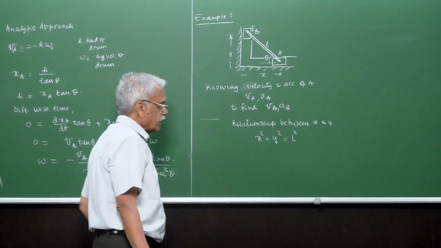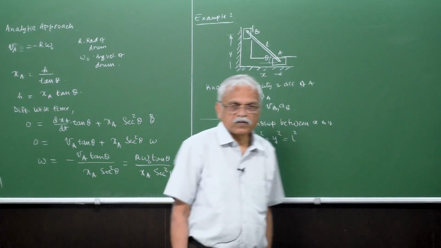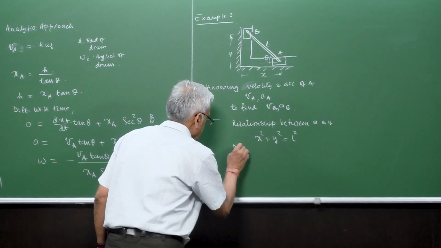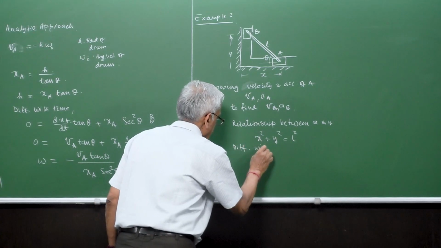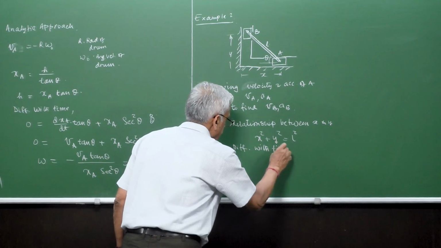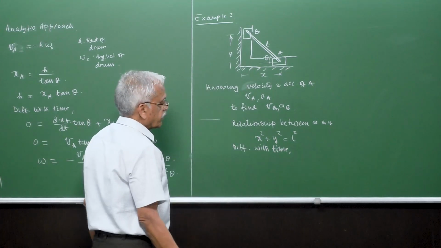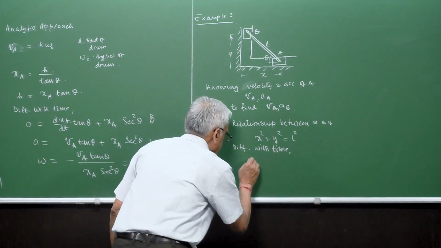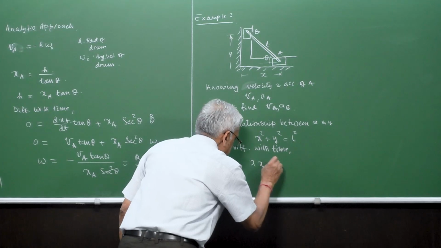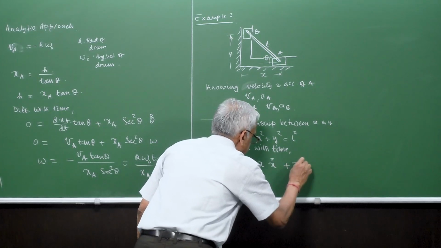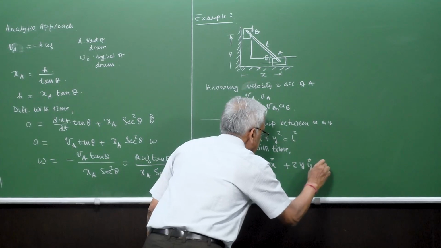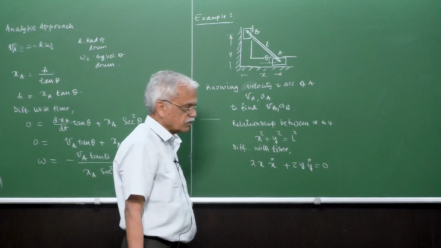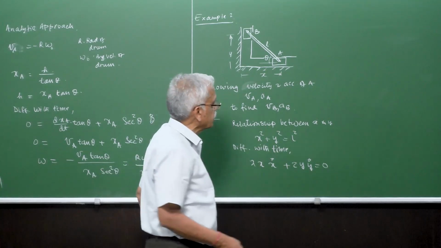And then we would like to differentiate this with respect to time. If you do that, both x and y are functions of time, while L is constant. So it is 2x x dot plus 2y y dot is equal to 0. So x dot and y dot are the velocity of A and velocity of B. So it's very clear now.